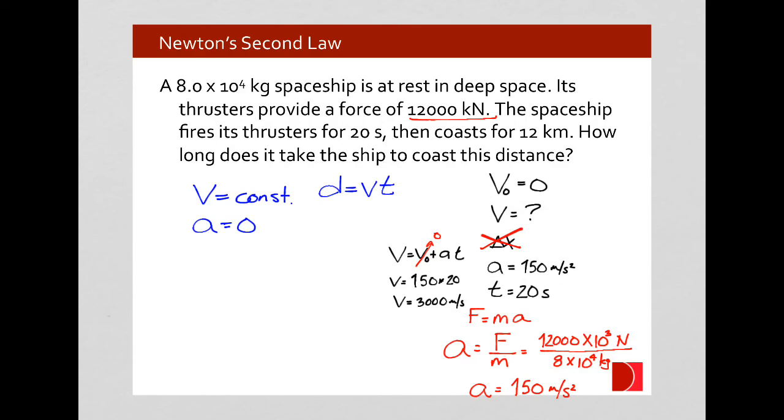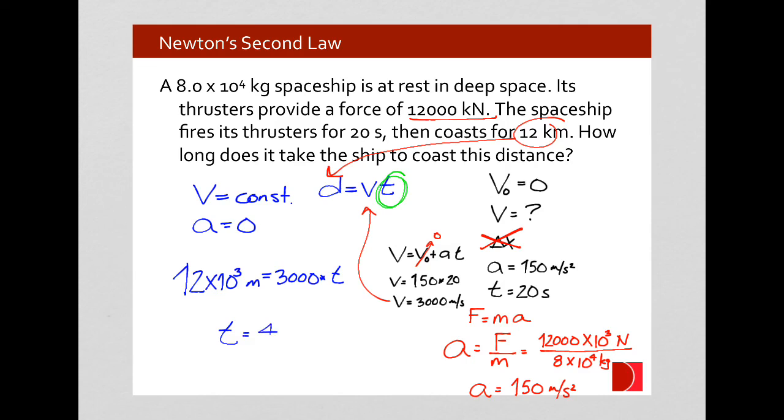If we now know the velocity and we're given the distance, then we can find the time that it takes to coast this distance. So 12 kilometers, again we're going to say 12 kilometers is equal to 3,000 meters per second times t seconds. And we find that t is equal to 4 seconds.